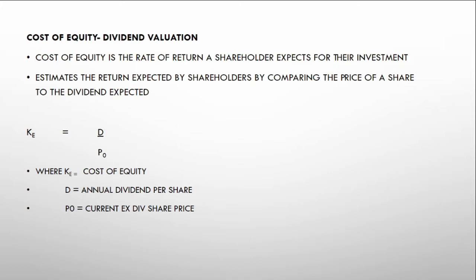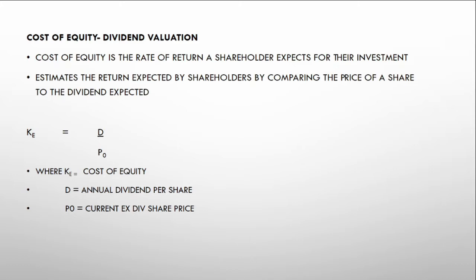So that money will go to the company and the company will use that money to invest in capital projects. So that is the price of the share. That is what the investor has given the company. The return that the shareholder is going to receive is going to be the dividend. So when we estimate the return expected by shareholders, we are going to compare the dividend that the shareholder expects in return for the price that they paid for the share.